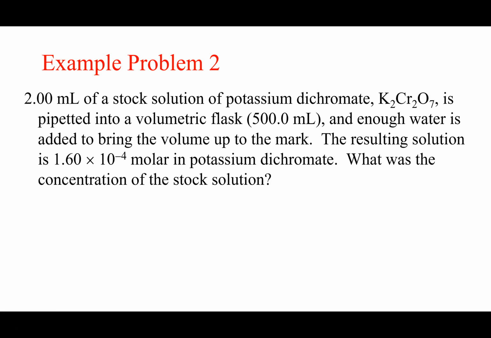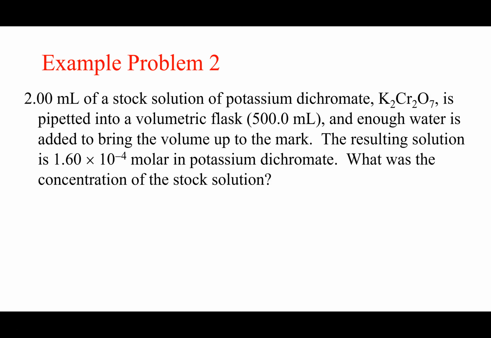But notice one of the things we run into in chemistry problems is there are so many different variations, and let's see what this variation is. We're not going to get to all variations, but okay, it talks about the stock solution. It gives me a volume, and I see that my solute is potassium dichromate.